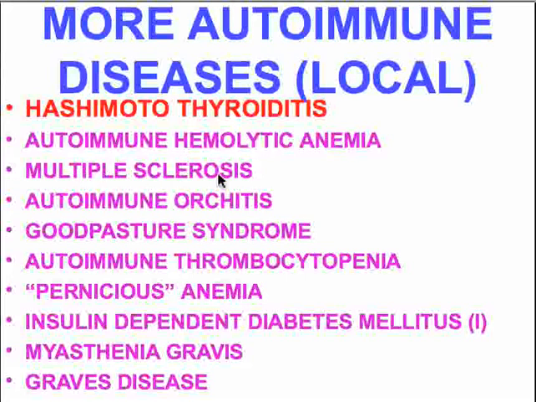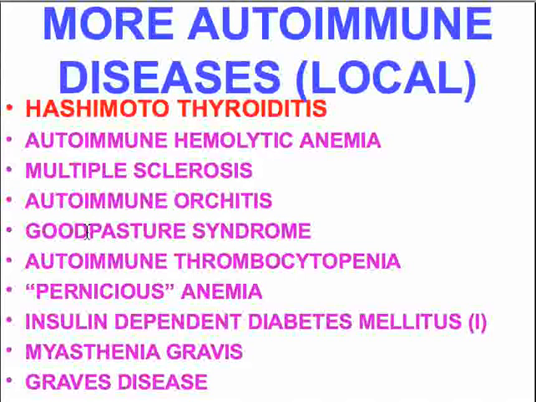Multiple sclerosis, whereas still very much a mysterious disease, I think generally regarded as being autoimmune, autoimmune orchitis. Actually, any disease which starts out with the name autoimmune will then give you the name of the tissue or organ or cell which is being attacked.